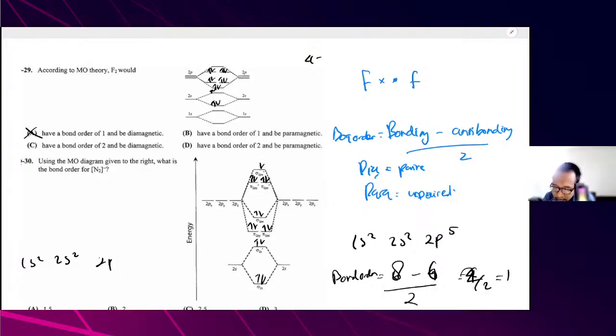That's true. 1, 2, 3, 4, 5, 6, 7, 8. 1, 2, 3, 4, 5, 6, 7. Huh? Oh no, man. Because N2 minus.